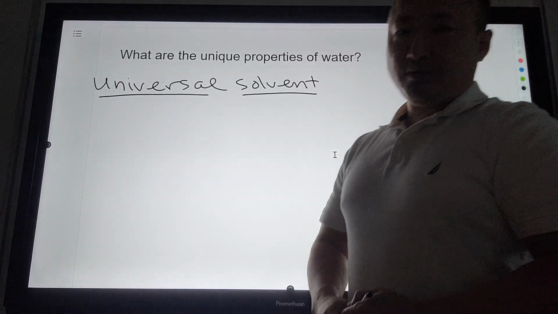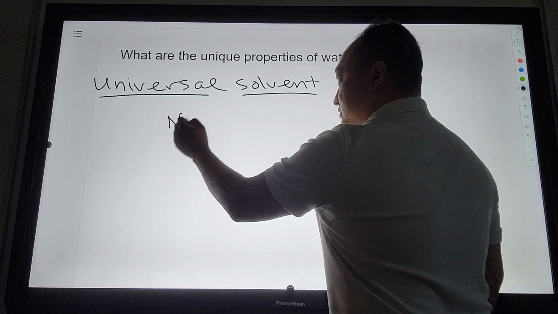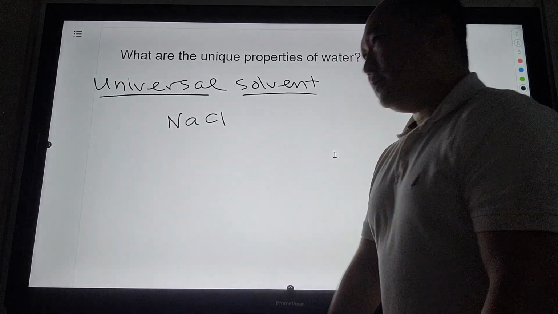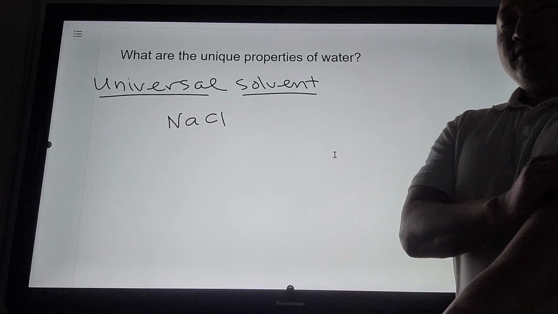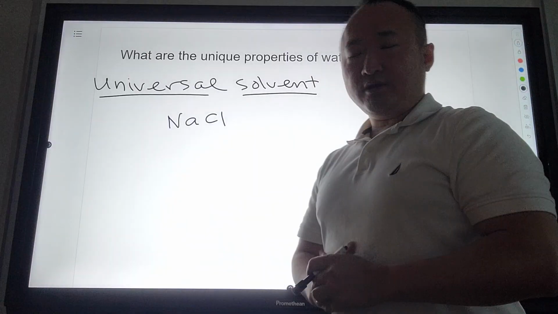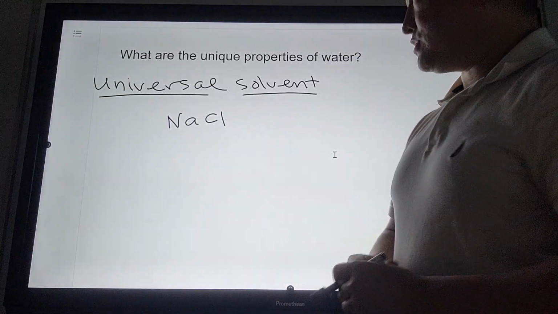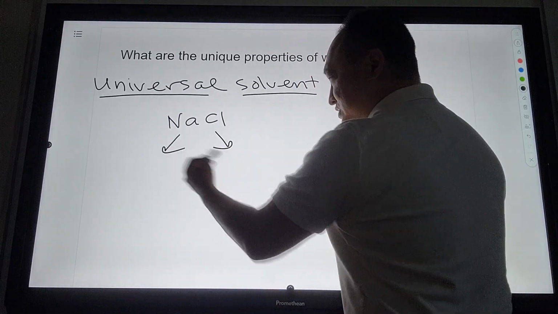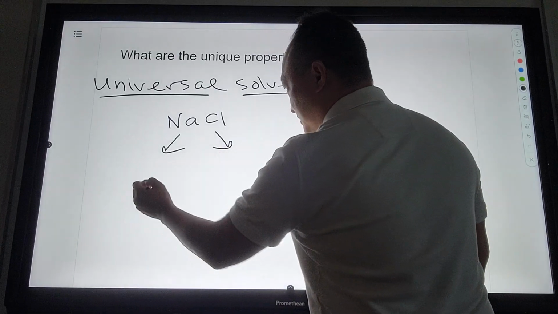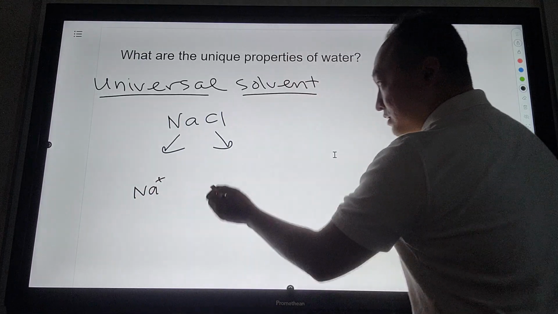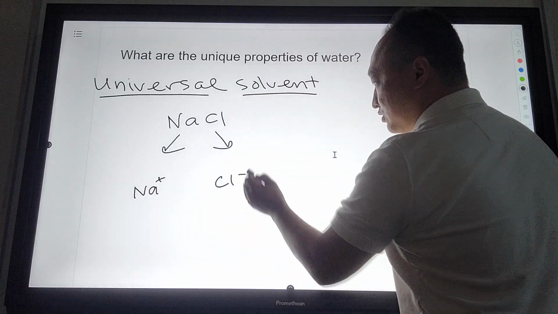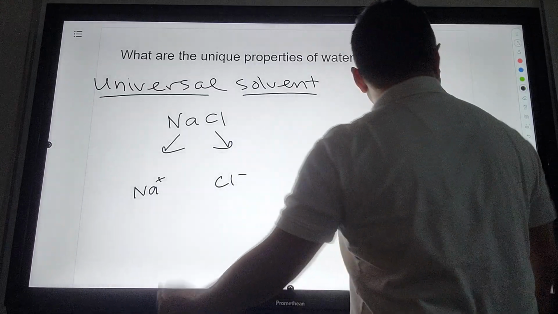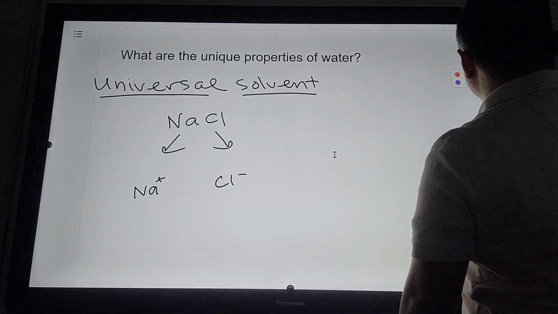To give you one example, salt, table salt, is sodium chloride, and that's an essential nutrient for humans and a lot of animals. But in order for our cells to use it, it has to dissolve into ions. The sodium ion, which is positive, and the chloride ion, which is negative. Let me write that.